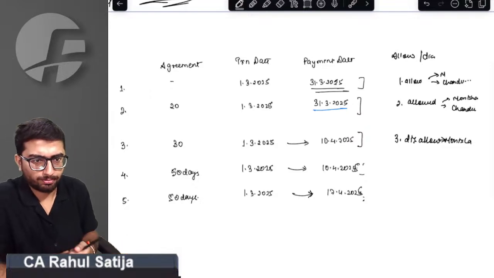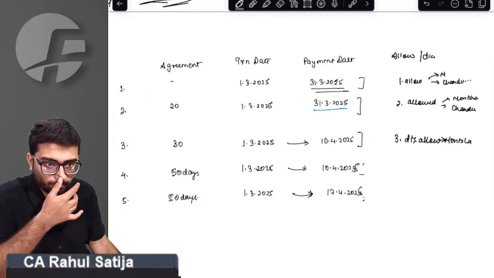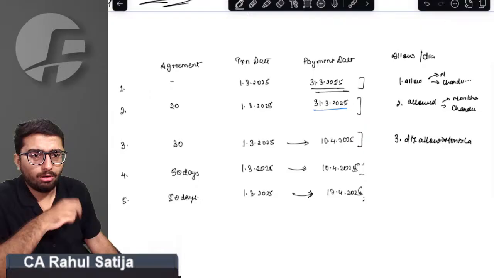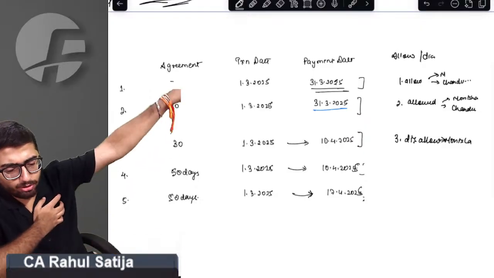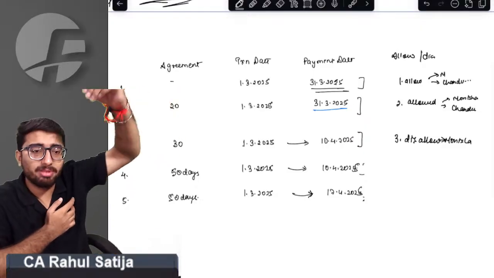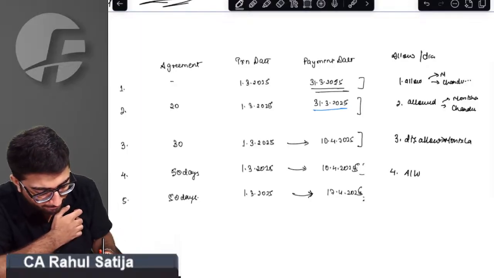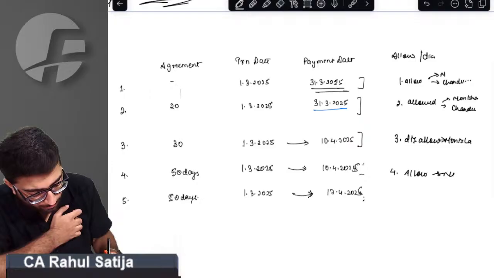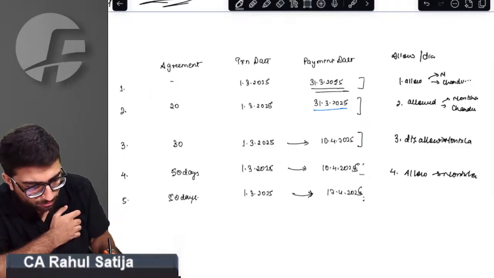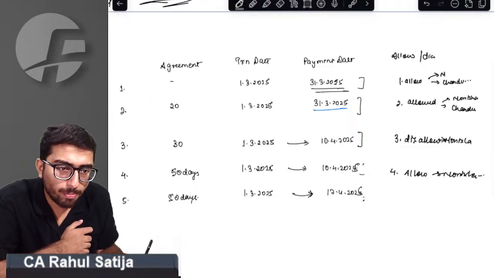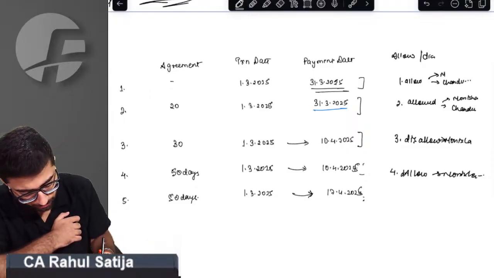Okay. What other people think of the third answer? Please reply faster. Monisha, fourth will be allowed. Okay. Fourth will be disallowed, she says. Okay, fourth disallowed.